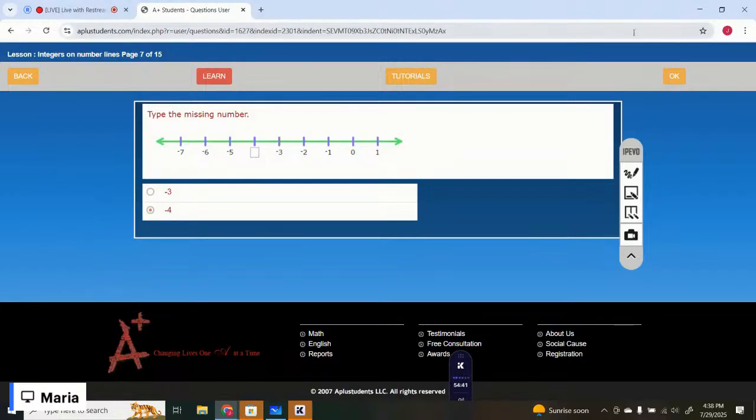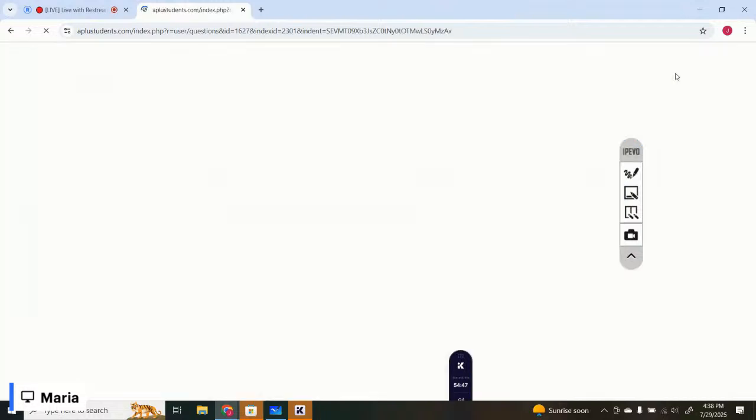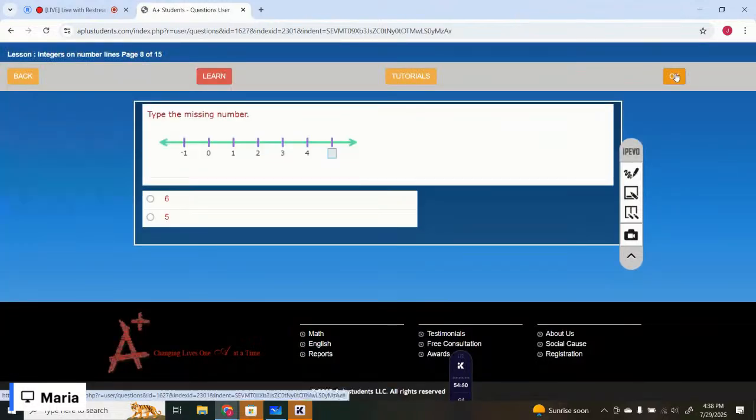Option number 2 is the correct option. Type the missing number.